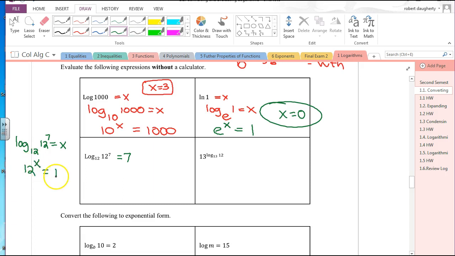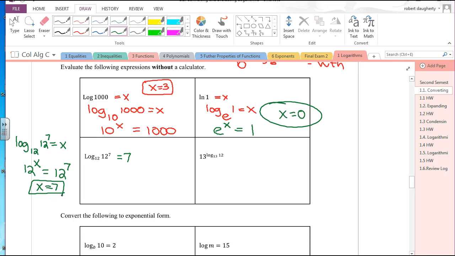So 12 to the x equals 12 to the 7th. What does x have to be for that to be true? Yeah, x has to be 7. Just another way of writing that, okay? But you really shouldn't have to go through this work. Log base 12 of 12 to the y is equal to y. Log base 12 of 12 to the q is equal to q. Log base 12 of 12 to whatever the heck is whatever the heck, okay? These are undoing of each other.